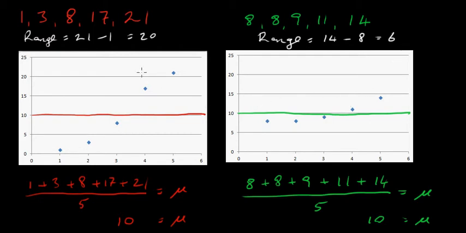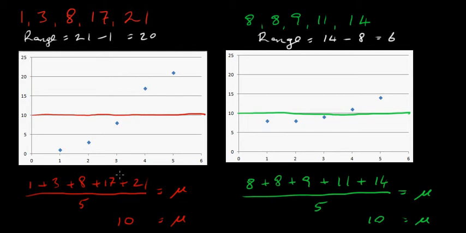So we can see we got a much bigger range here on this side than this side here. Now you can do interquartile range as well, which I've done in a previous video, but another way of measuring spread is, as I say, using variance or standard deviation.